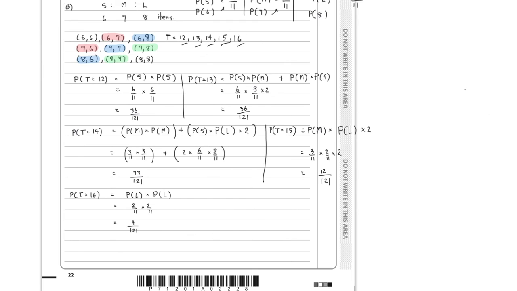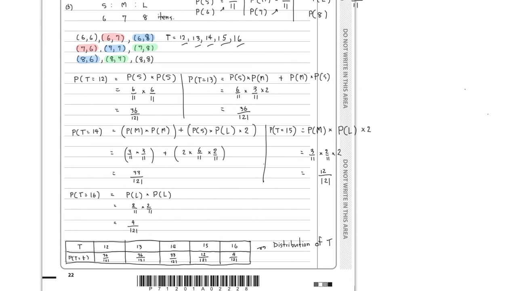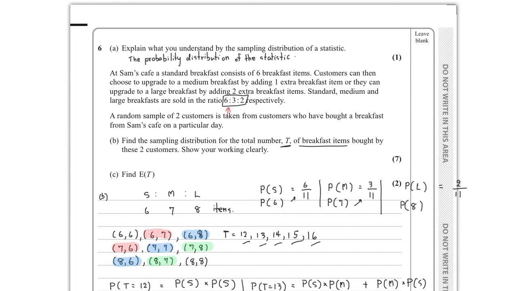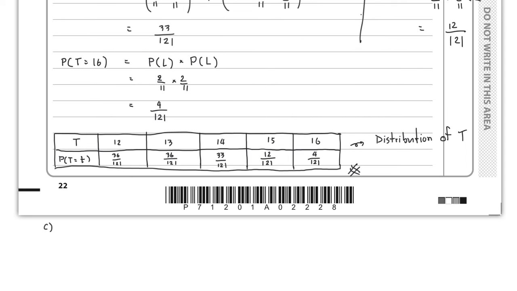Now we can form the distribution table for T. Like this, and that's the answer of part B. Here comes part C. We have to find the expected value of T. We can find the expected value of T from the distribution we've got earlier.